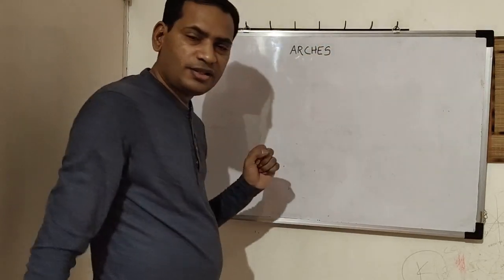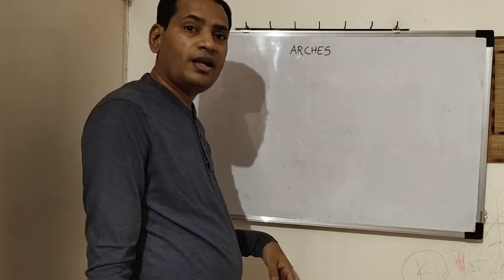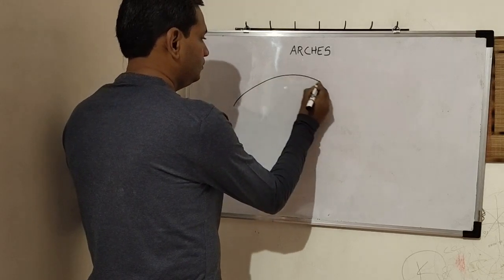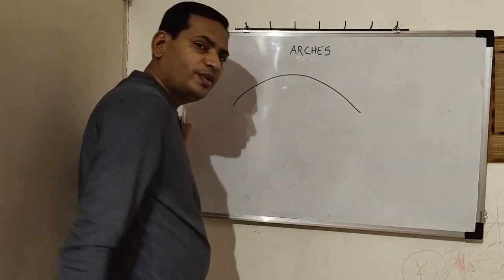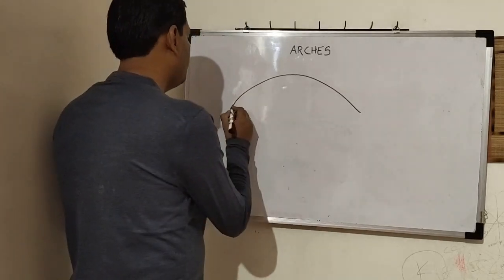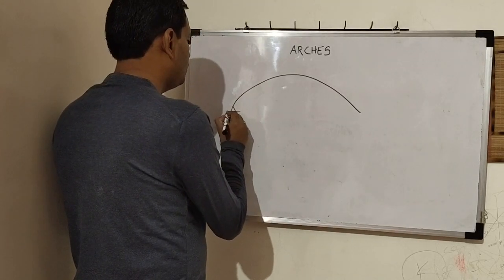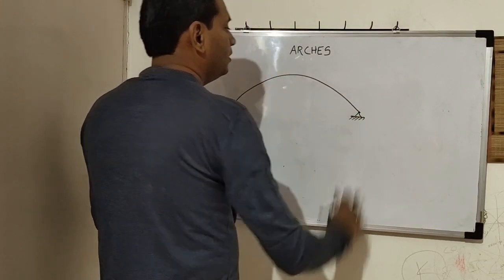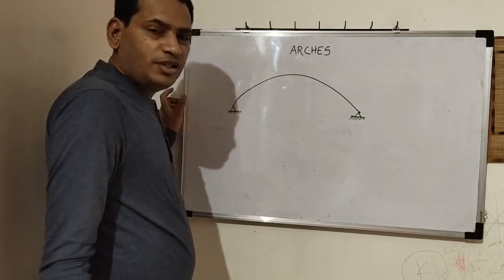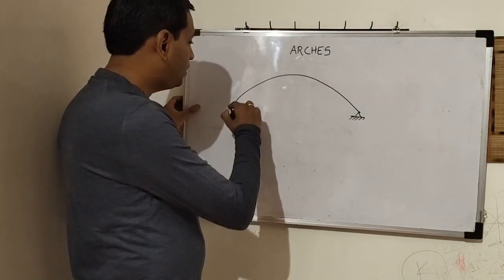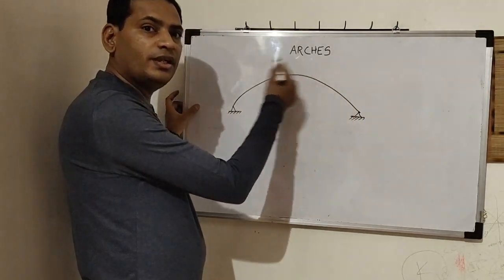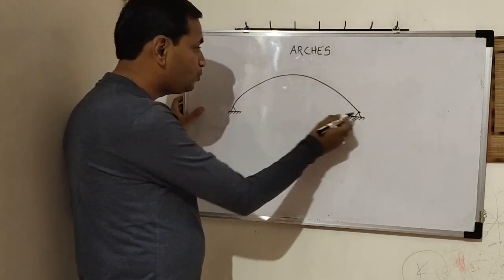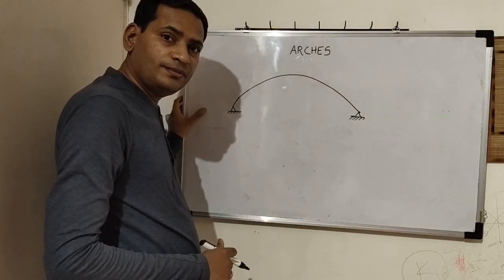Before going to 3 hinged arches, first of all we shall understand what is an arch. This is usually the shape of an arch, which is either parabolic or semicircular. So what is an arch? Basic definition of an arch is a curved beam in which horizontal movement of these two supports is prevented.